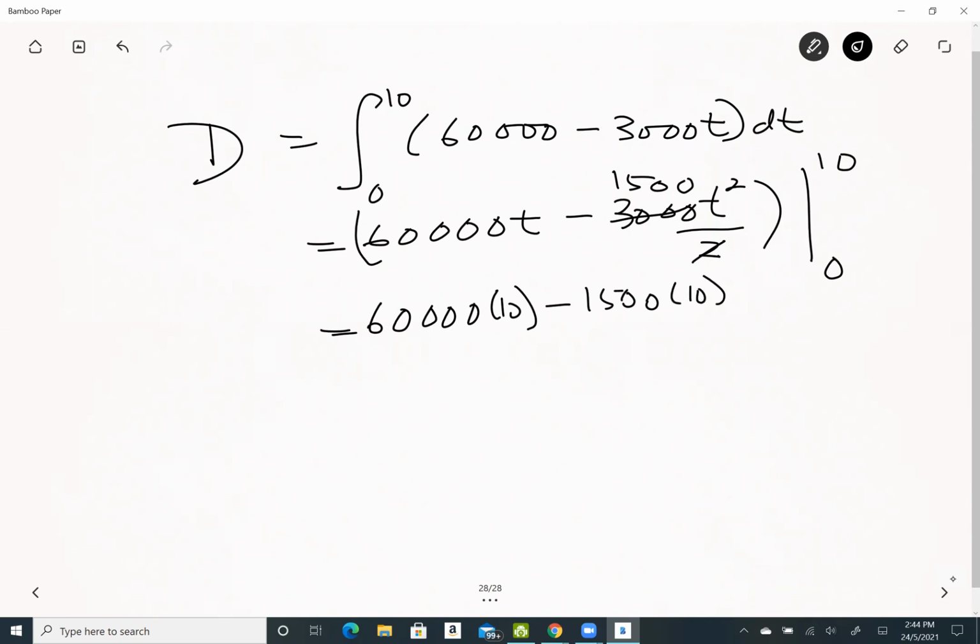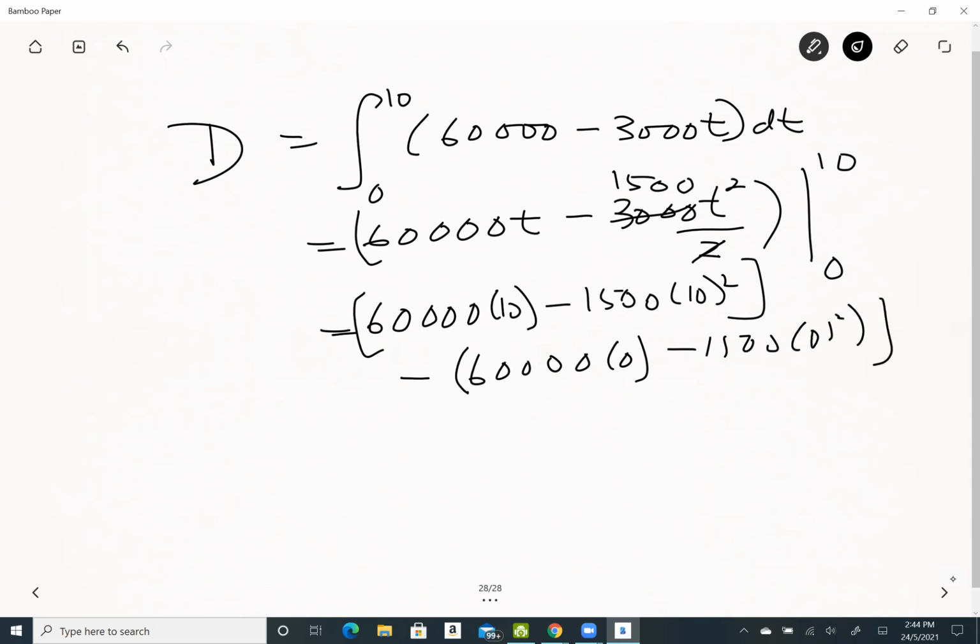Then that is the value of the integral at 10, minus, even though it is 0, we still have to do it, so that we know that we are evaluating the integral at 0. Of course, you know the answer will be 0. 15,000 times 0 squared. So you know the second one will be 0.